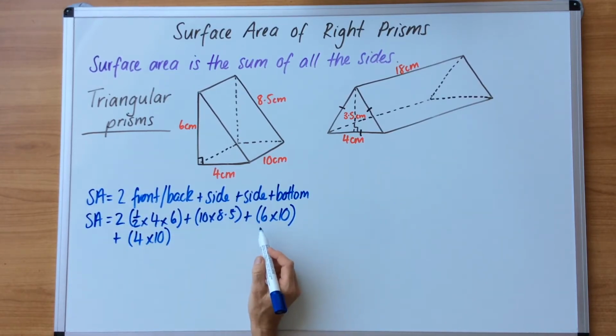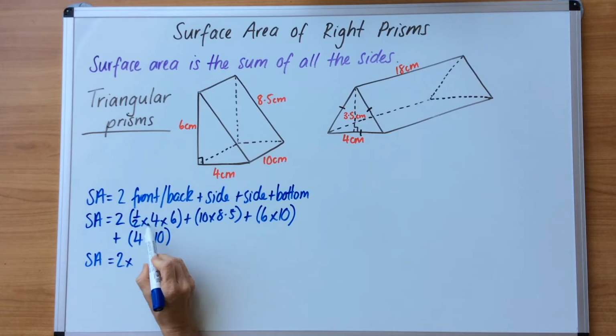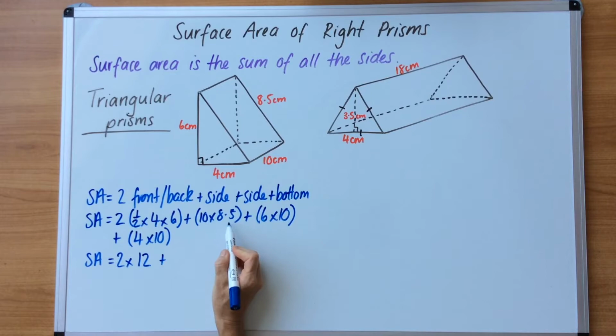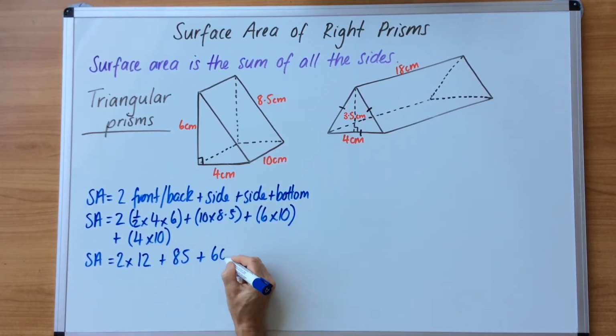So now we've substituted in, we're now going to calculate. Surface area equals, so 2 times, and if I calculate this, I've got half of 4 times 6. So 4 times 6 is 24, and half of that is 12. I'm going to add on this one here. So 10 times 8.5 is 85. I'm going to add this one on here. 6 times 10 is 60.